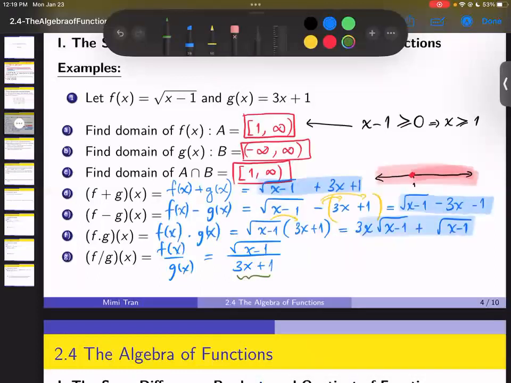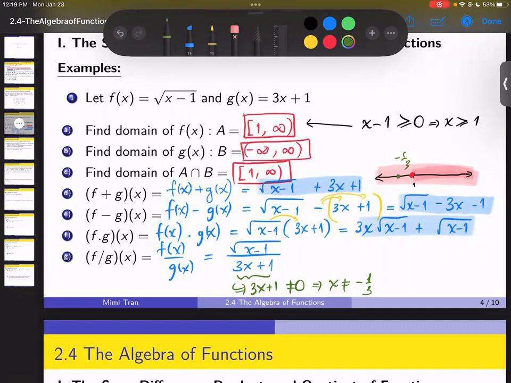So 3x plus 1 cannot be equal to 0. That implies x cannot be negative 1/3, right? Lucky for you, negative 1/3 is already outside.